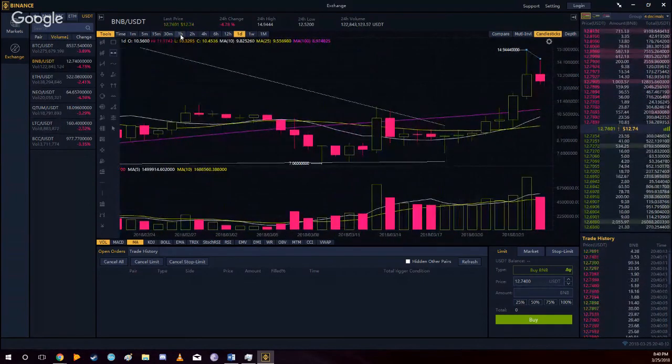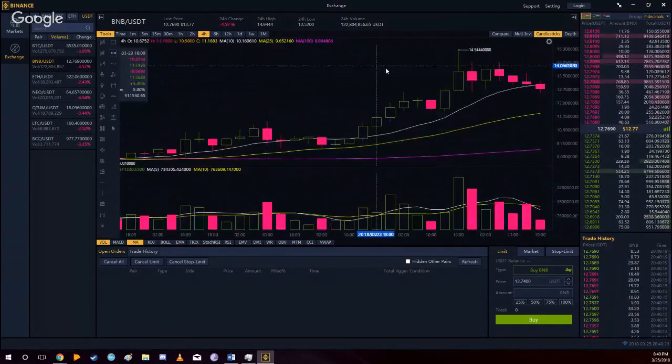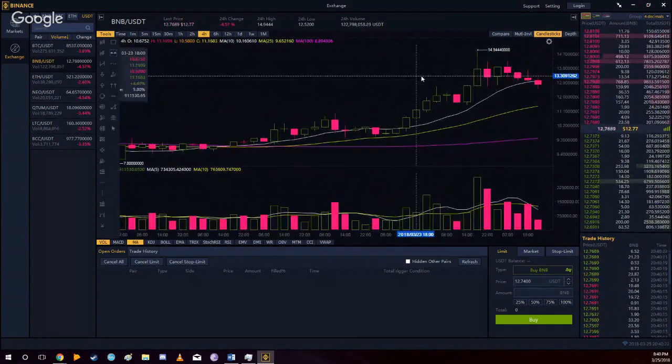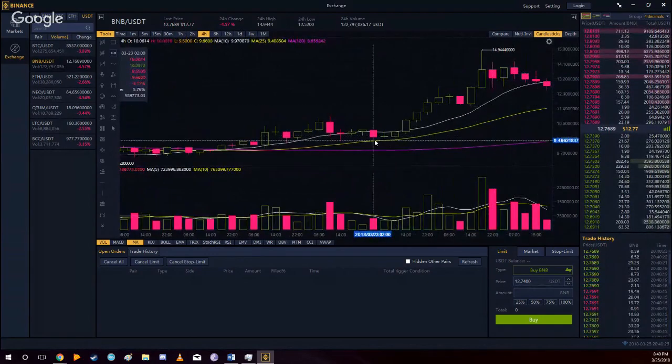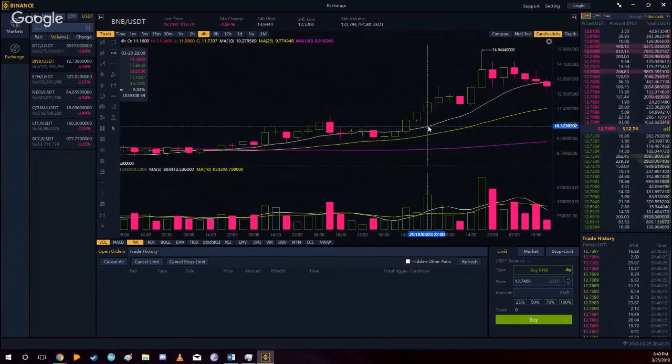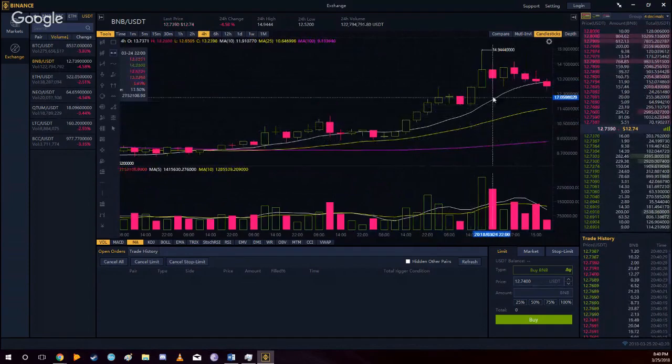So for day trading, the maximum I usually do is 4 hours. So let's go to 4 hours and see what the MA looks like. On the 4-hour chart, this pump seemed to be riding above the MA10.